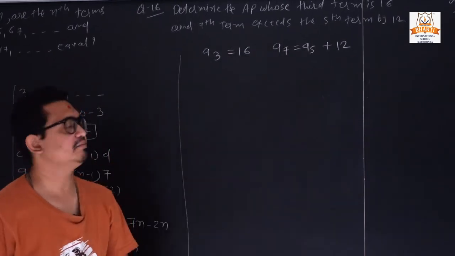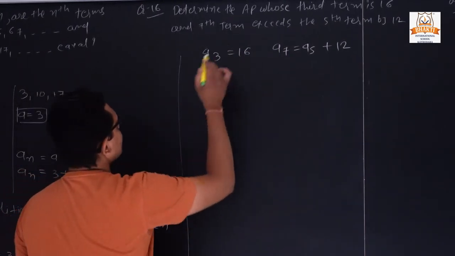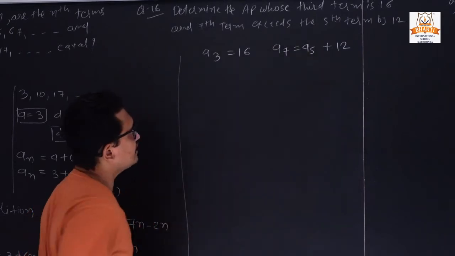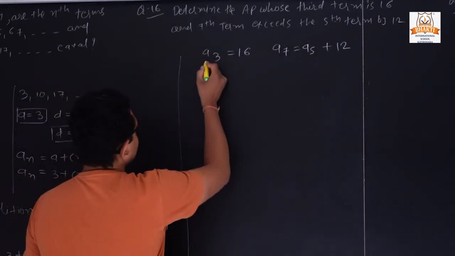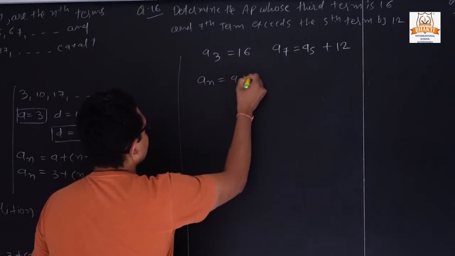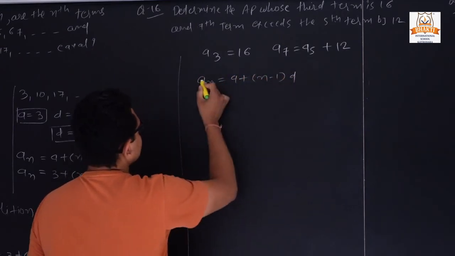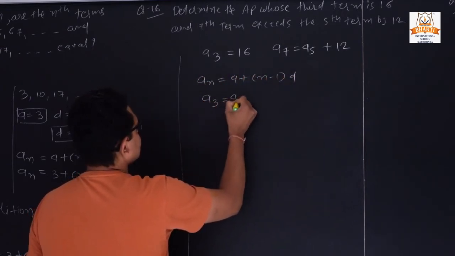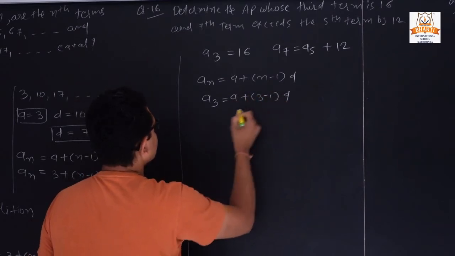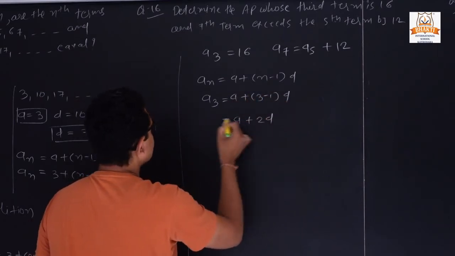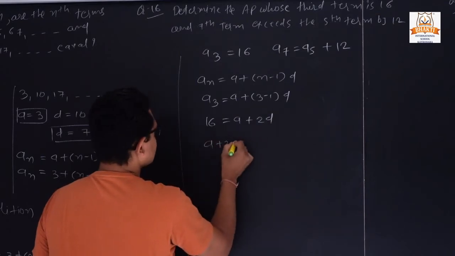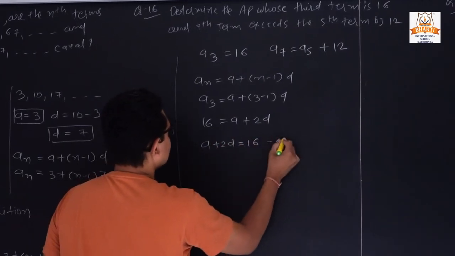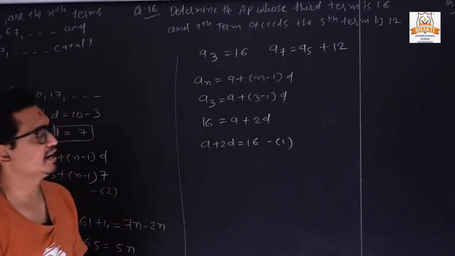So third term is equal to 16 and 7th term is equal to the 5th term plus 12. First of all, here we are using the formula a plus (n minus 1) into d. So A3, 3 minus 1 into d, so a plus 2d, and A3 is given 16. We can declare a plus 2d is equal to 16, equation number 1.